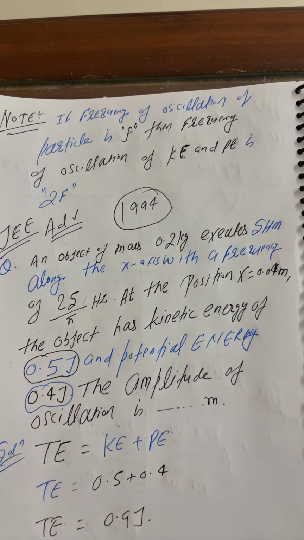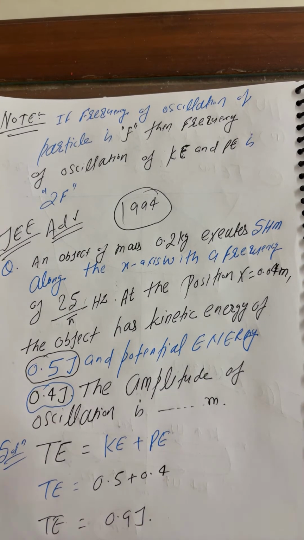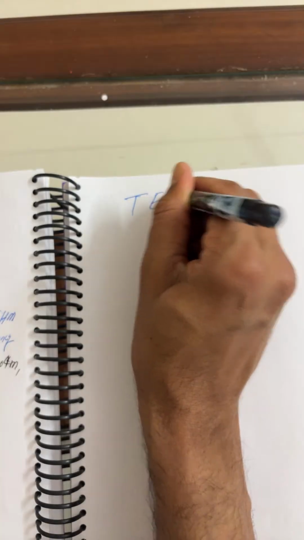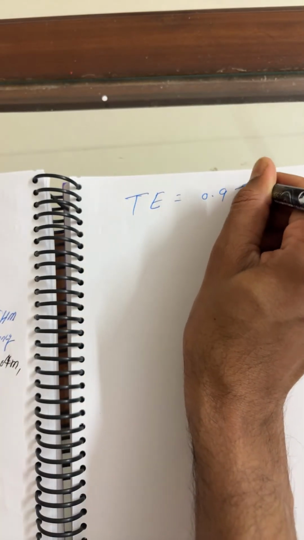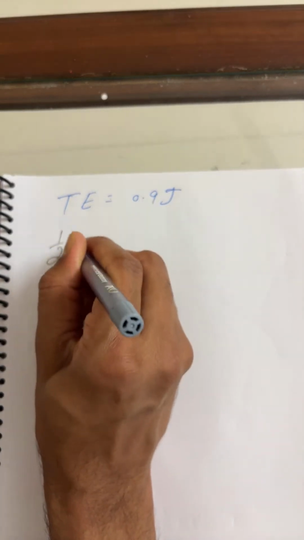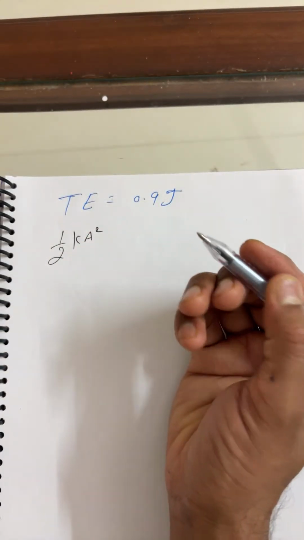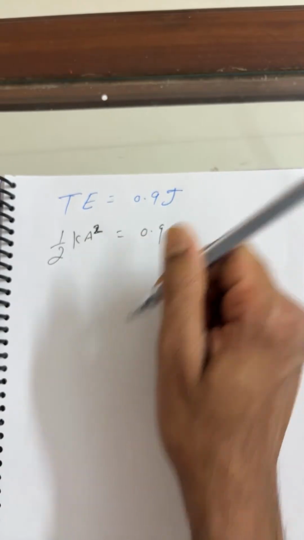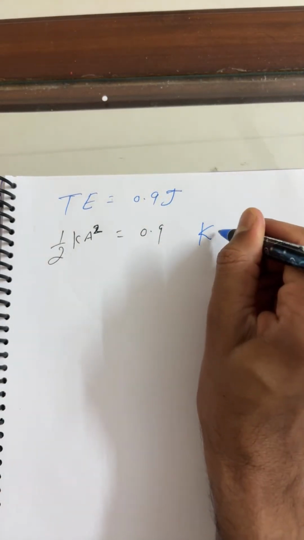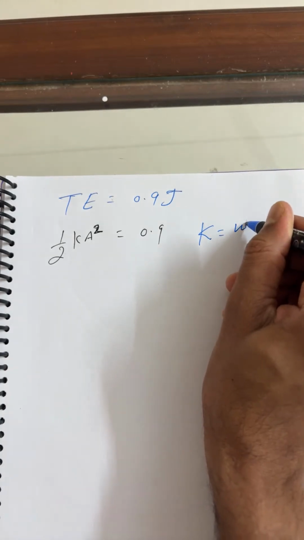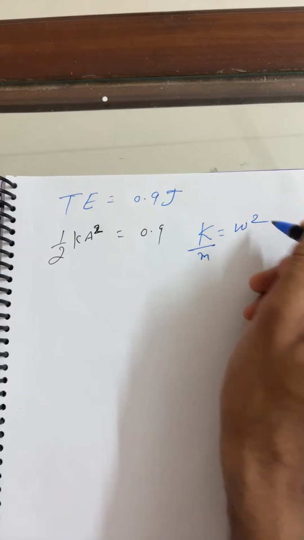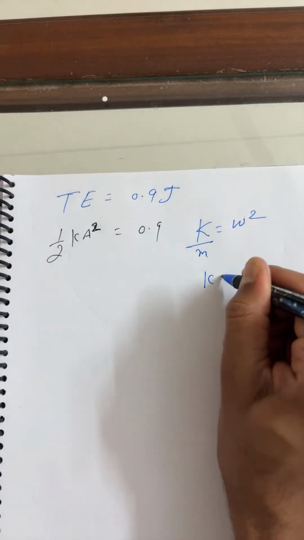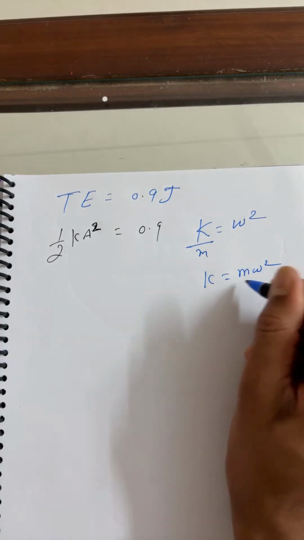Students, here we know the total energy formula, already derived. Total energy is half of k A square, which equals 0.9 joule. Just now I said k upon m equals omega square, so the value of k is m omega square.